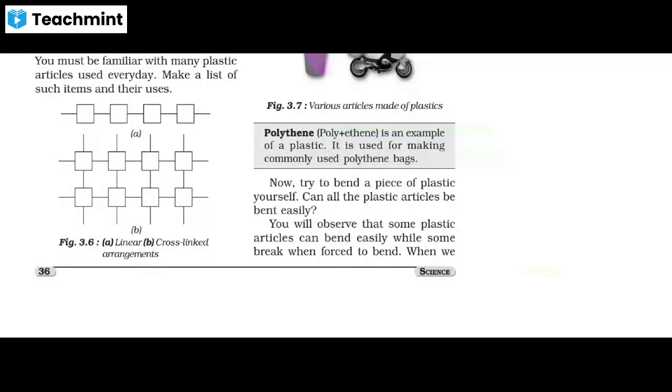Then polythene, I told you, is a best example of plastic, and commonly we say polythene bags. We can observe different colors in a polythene bag because those articles are recycled. And yesterday I told you that there will be a symbol like a triangle with three arrow marks, and inside those arrow marks there will be some numbers.